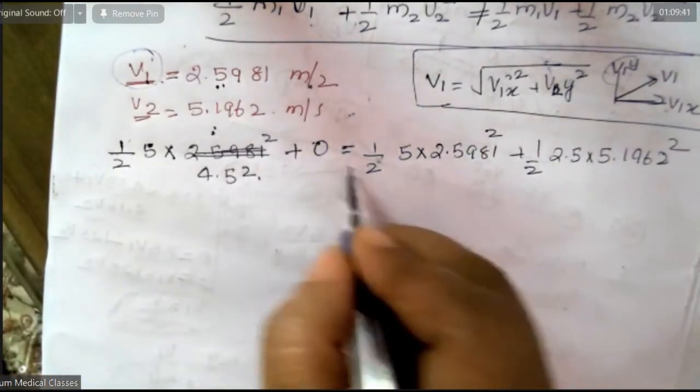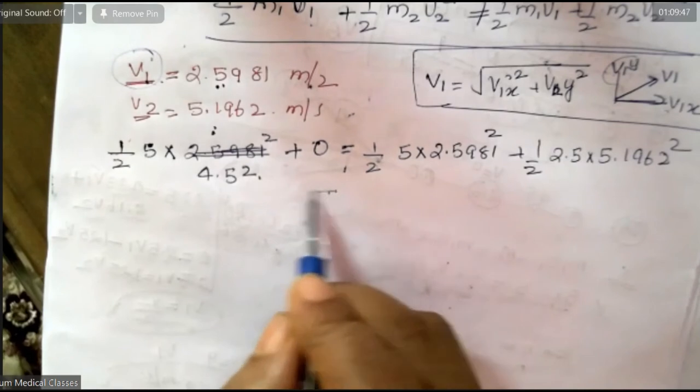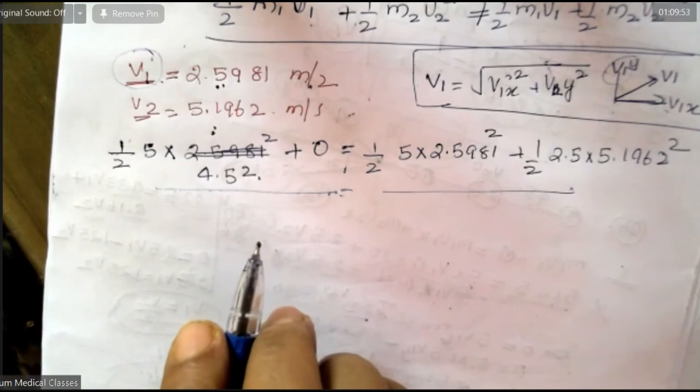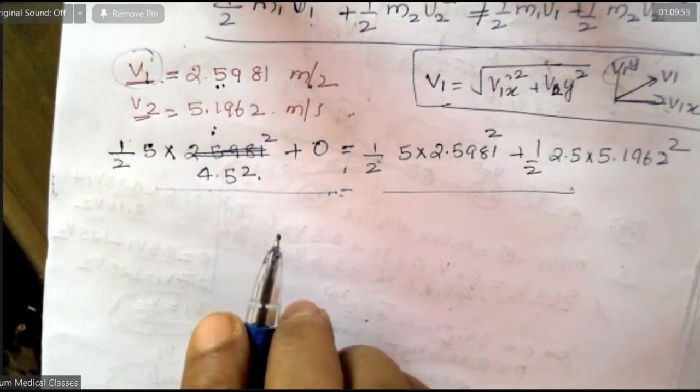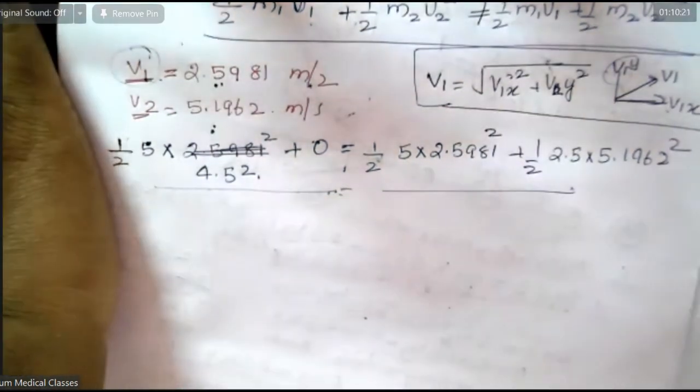You do this and check whether they are equal or not, whether this side is equal to this side. Okay? That's that.